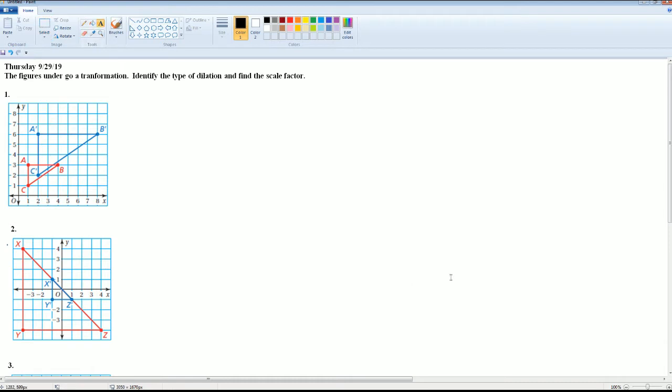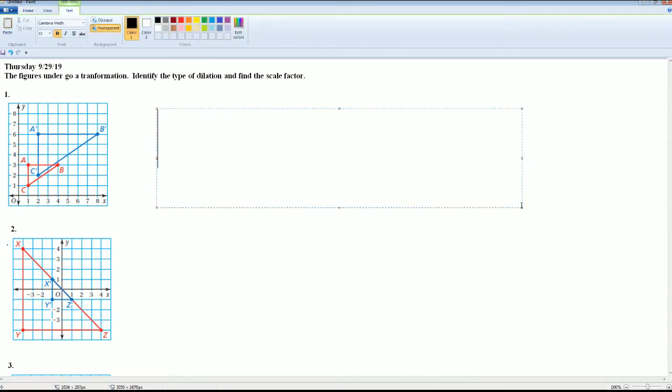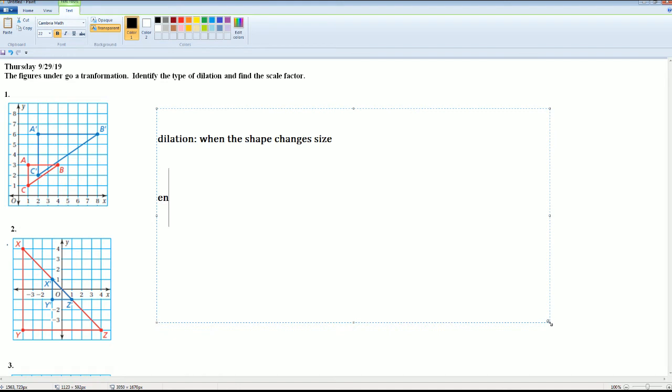So, let's just review a couple of things because some of you don't remember, right? Dilation is when the shape changes size. The two ones are we're going to have an enlargement. Enlargement is when the K or the scale factor is greater than 1.